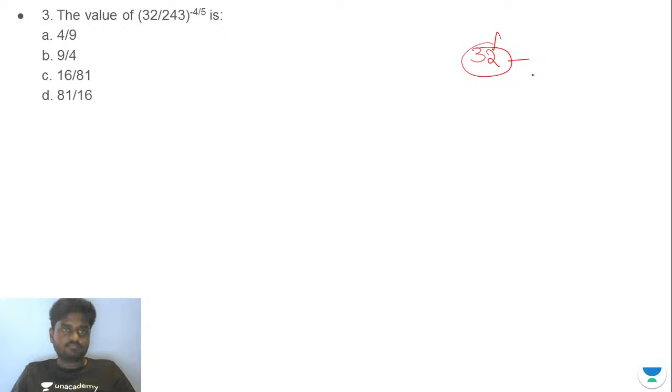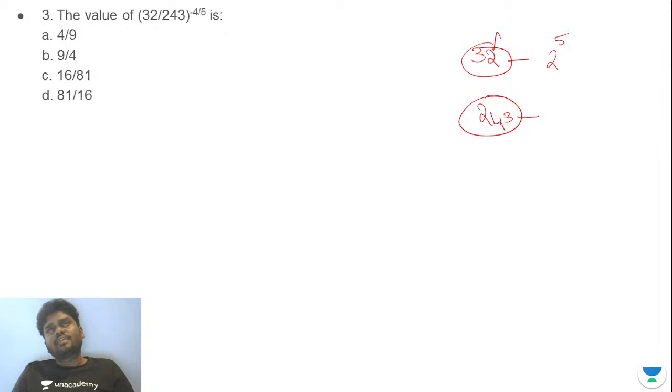convert it with powers. If you want to convert this in powers, the only way you have is 2 power 5. 2 power 5 will give you 32. In the same way, go for 243 as well. 243: 3 power 3 is 27, 3 power 4 is 81, 3 power 5 will exactly give you 243.